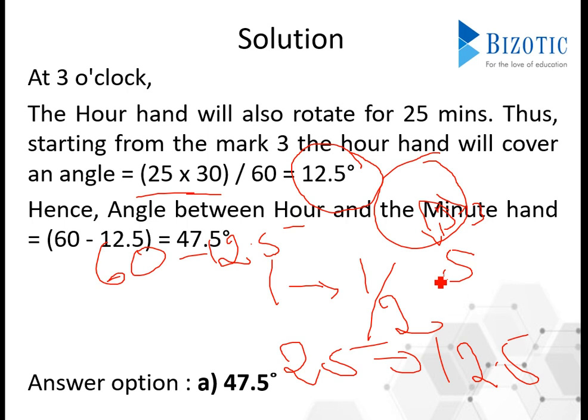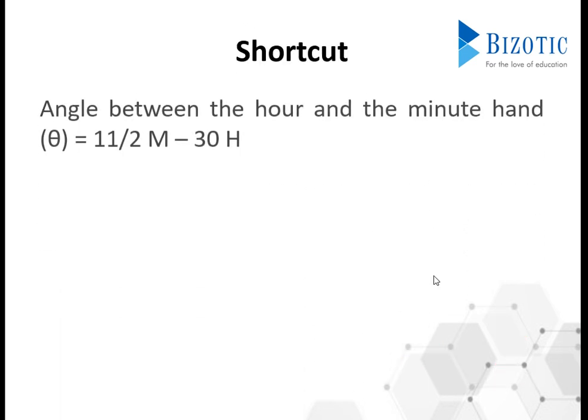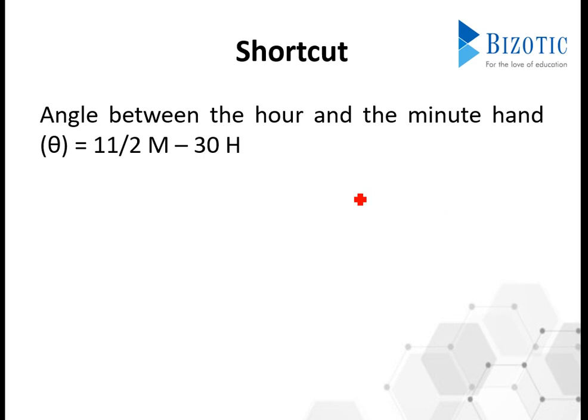For someone who hates this procedural thing, there is a shortcut. There is a formula to calculate the angle between the hour and minute hand, which is 11 by 2 m minus 30 h. In place of m you substitute the given minutes, and in place of h the given hour.